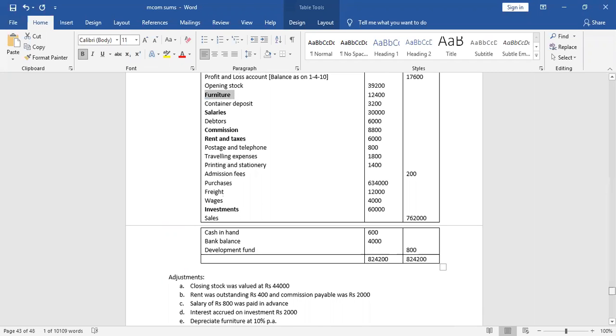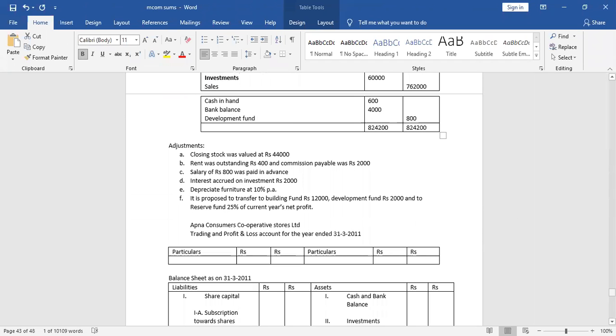Then we have the appropriation, but this appropriation will not have any effect until it is approved by the general body. So we will only prepare the memorandum appropriation account, and it will not have any second effect.